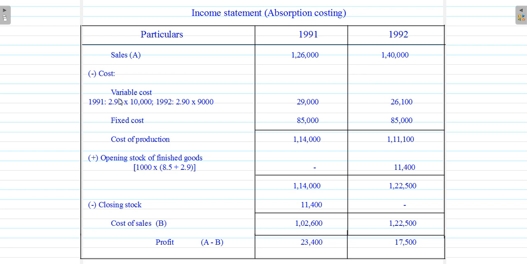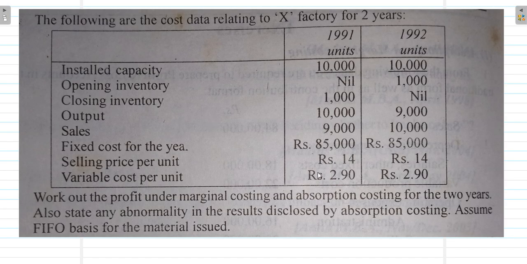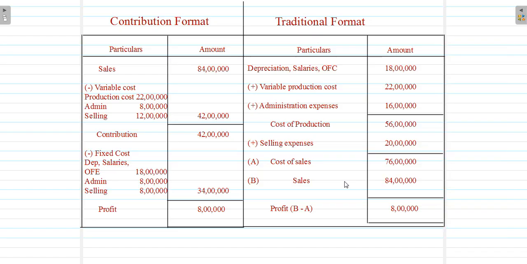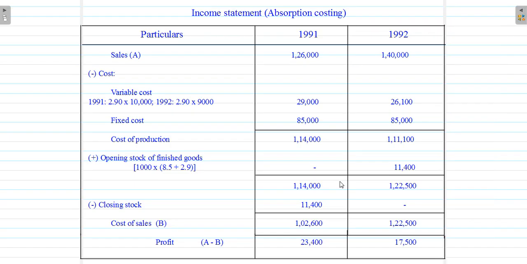Minus the cost. First we have to determine the variable cost. The variable cost they have given is 2.90. So 2.90 into 10,000 units and 9,000 units respectively, we determine it as 29,000 and 26,100.